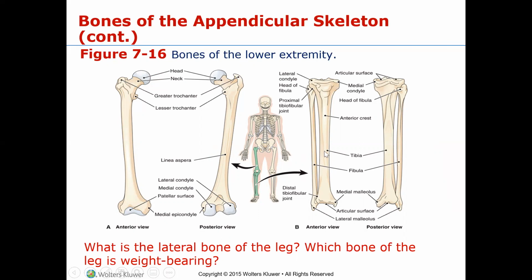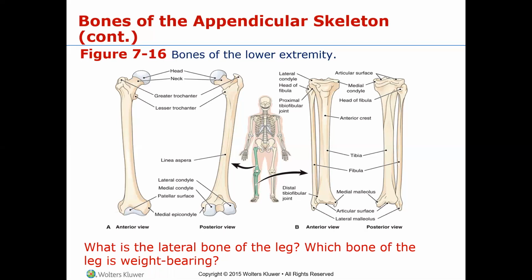Then on the bottom extremity of the leg, we have the tibia, which bears much of the weight. And then this is the fibula. Okay. At our ankle, we have two different surfaces which lend themselves to be the ankle bones.